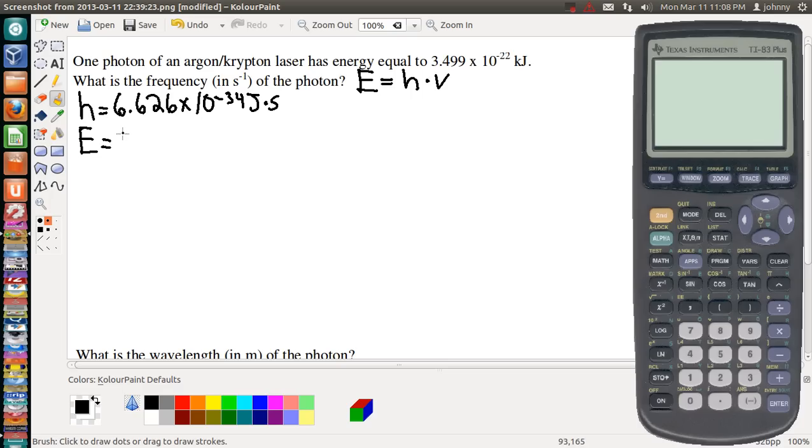So watch this. I love when numbers are already in scientific notation. It helps. We have energy of a single photon is 3.499 times 10 to the negative 22nd. But you see where it has this kJ? I'm going to drop off the k.